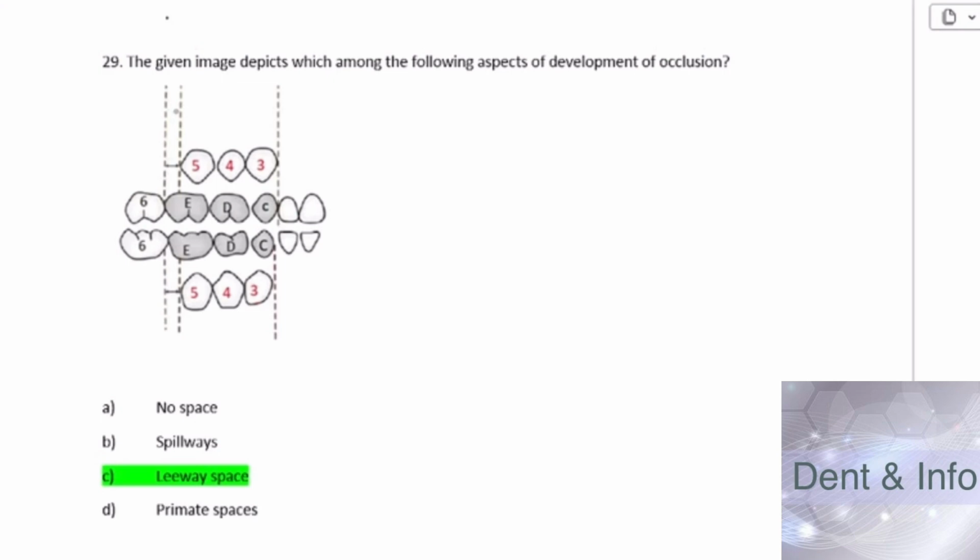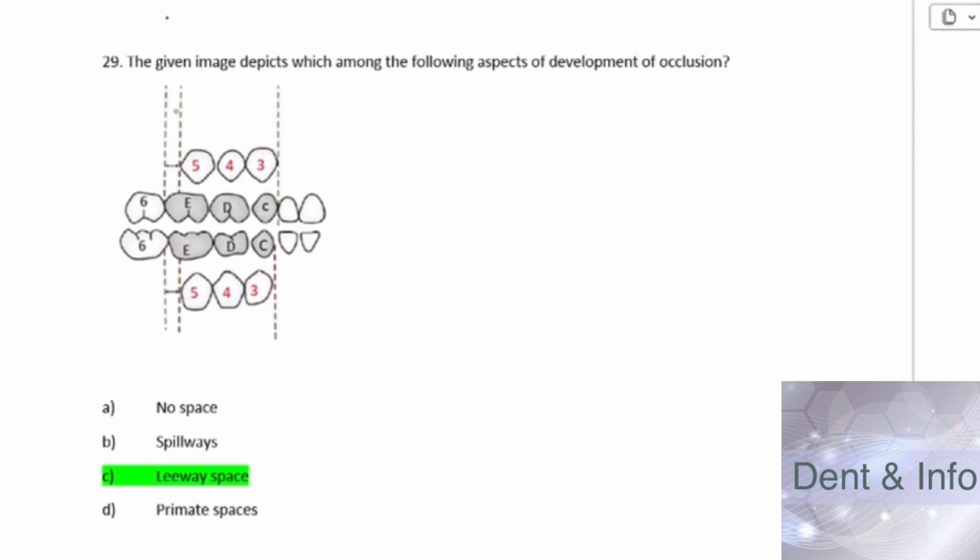So in the options there is no space, spillways, leeway space, primate space. So I hope you would have guessed it by now. This is the eruption of canines and premolars, they are going to replace the deciduous canines and the deciduous molars. So that is why this additional space is there.